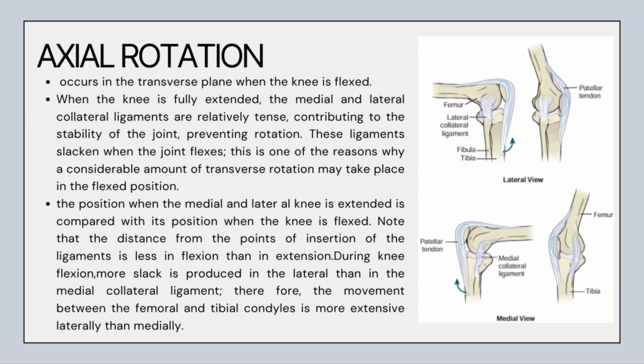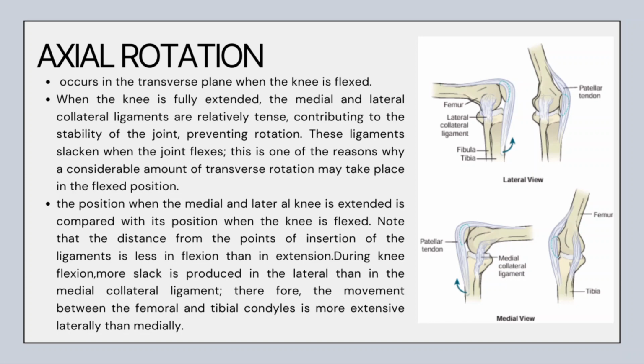And so, dito sa picture, makikita natin na kapag sa lateral view, kapag naka-extend yung knees natin, yung lateral collateral ligament is stretched siya. Tapos, kapag naka-flex naman is naka-slacken. Tapos, sa medial view naman, naka-stretch din yung medial collateral ligament kapag naka-extend. Tapos, kapag naka-flex naman is nag-i-slacken siya.